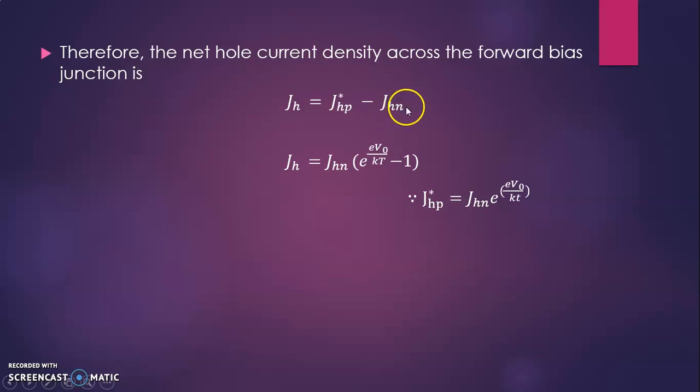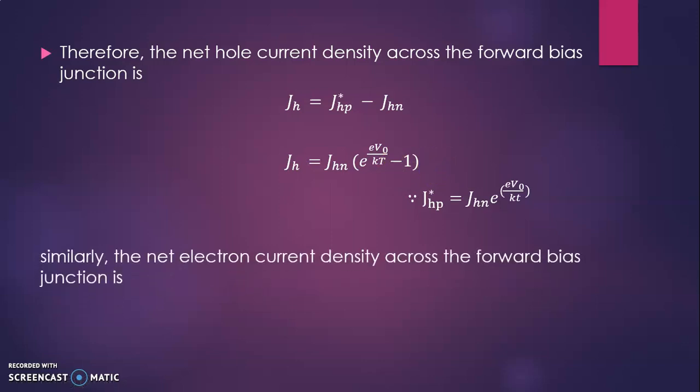In both terms J suffix HN is common, and remaining is e raised to eV naught upon kT in the first, and only minus 1 in the second. So in short, we'll write the current density of holes is equal to the current density of holes in the N side into, in a bracket, e raised to eV naught upon kT minus 1.